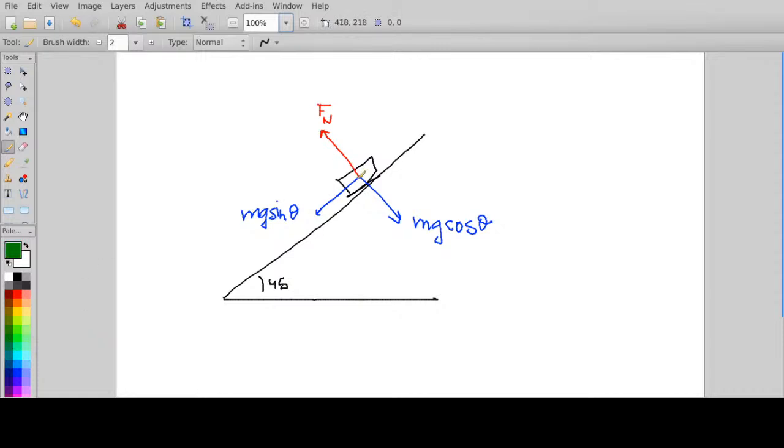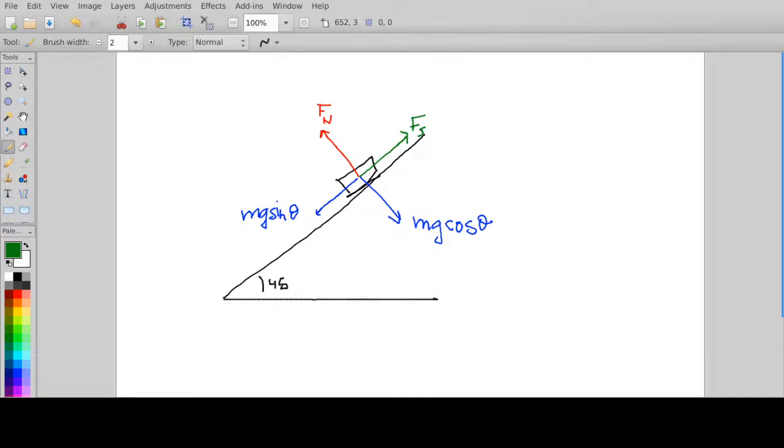And is that it? Nope. There's a static friction force like this, and this time we'll call it Fs, because it's static friction. And now you ask yourself, is that all the forces? And yeah, that's it. Those are all the forces. Okay. Now, because it's almost the same problem as before, this time the acceleration is 0.